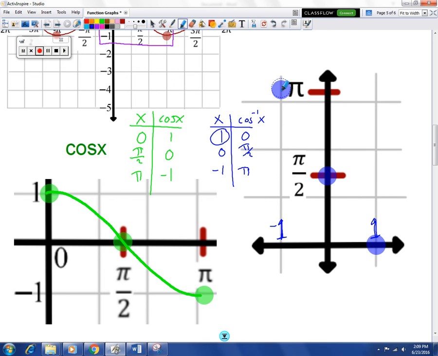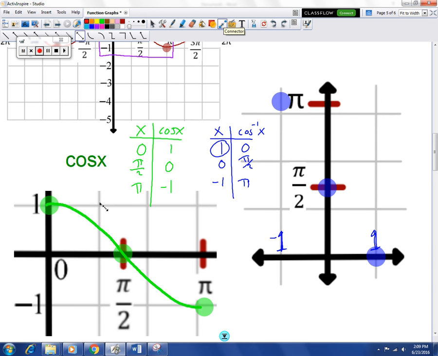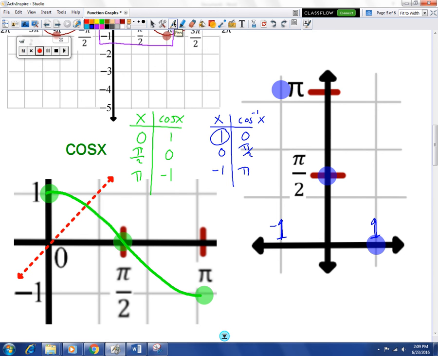Let's try to figure it out using our little trick from before. If I do y equals x, it's hard to see, but if we flip this green area right here, reflected across that axis, it goes up.